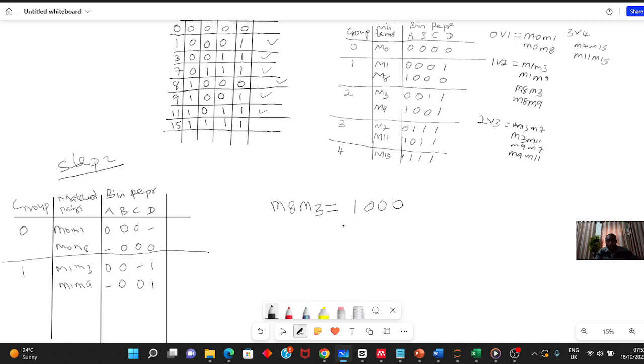Matching M3, which is 0, 0, 1, 1. If you look at this, you can see more than one of these changing, this and this. So in this case, we are not keeping this. We are discarding this because more than one of those instances is changing.